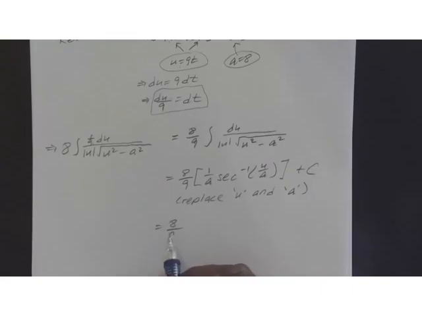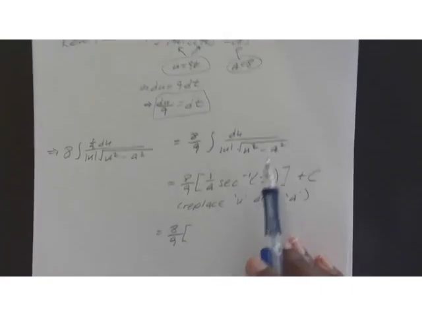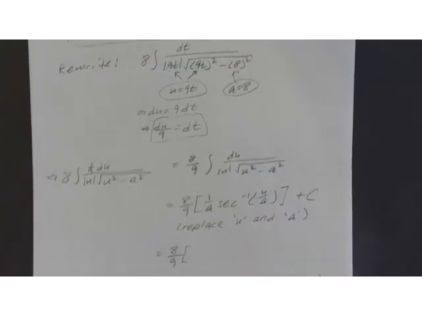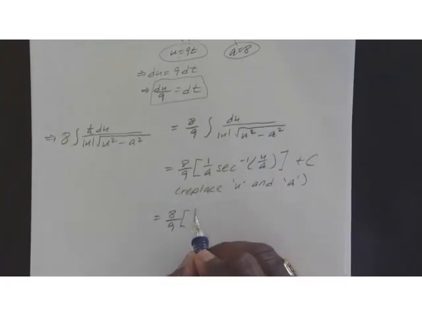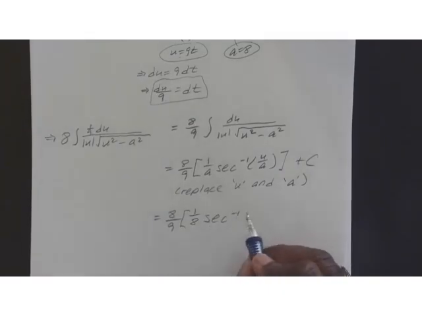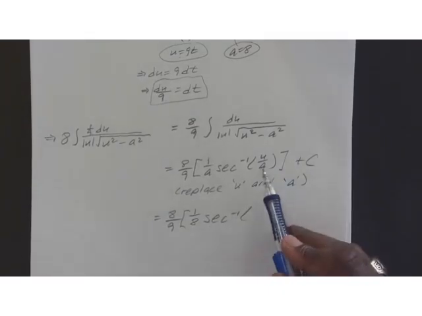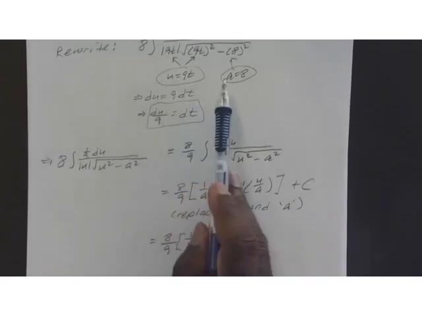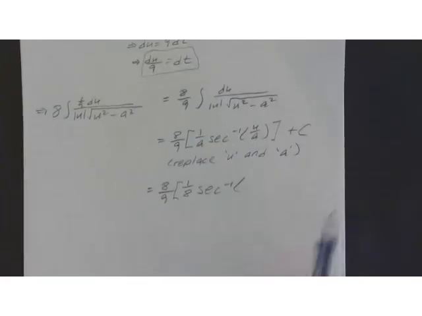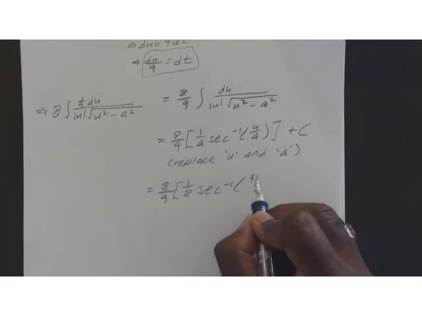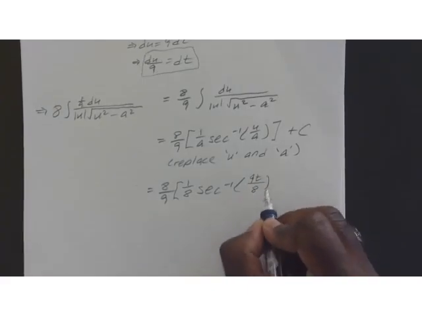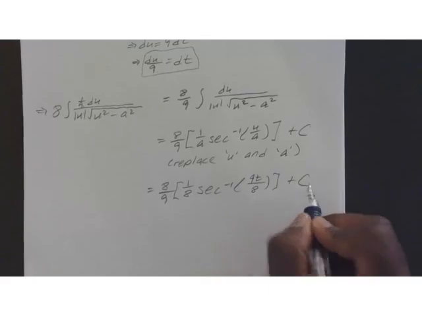So that gives us 8 over 9 times 1 over a. We know that a is equal to 8. So that's 1 over 8 times secant inverse of u divided by a. So that's 9t divided by 8, plus c.